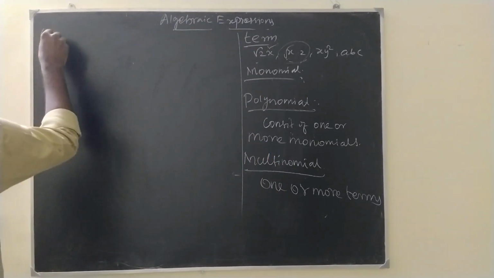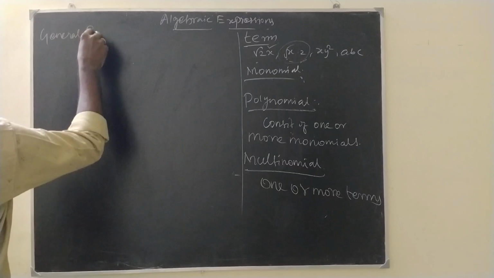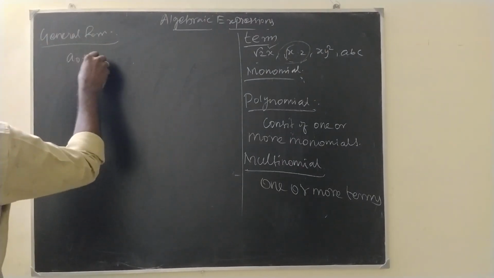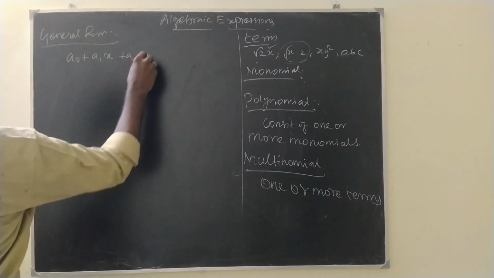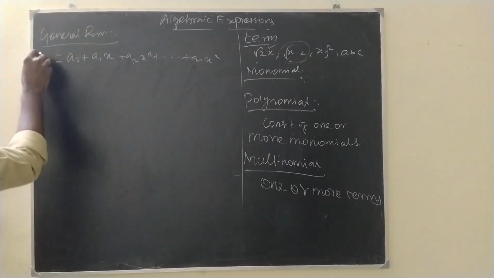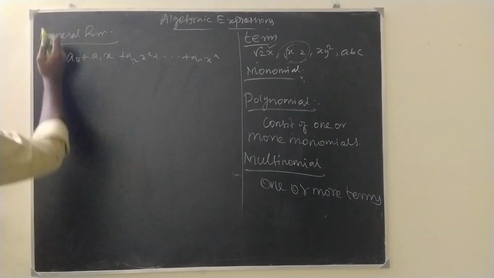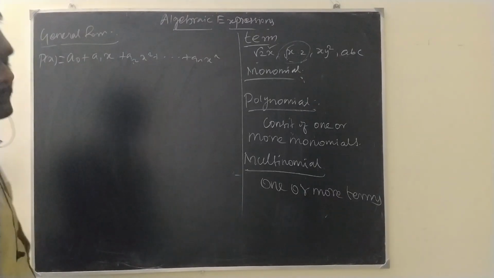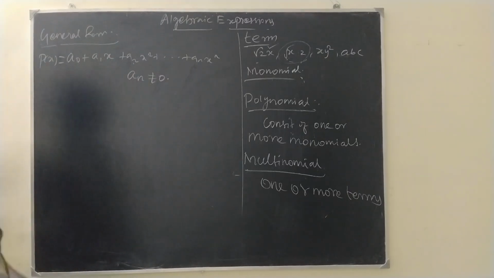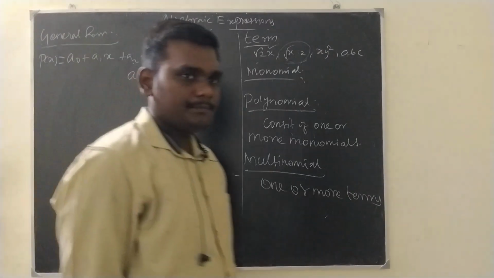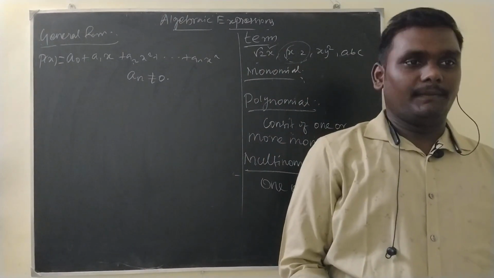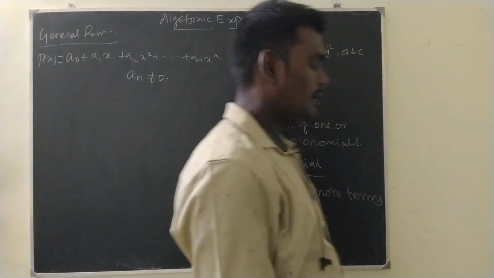So the general form of the polynomial, general form or standard form, whatever you call it, is a variable a1x plus a2x square plus and so on up to an x power n, and this can be represented as p of x, q of x, r of x. The leading coefficient, this an, should not be equal to 0. You know what is coefficient? Coefficient is like a friend who is sitting with the other person.